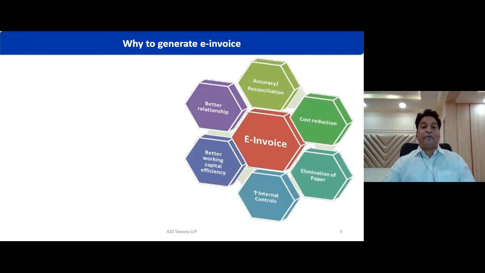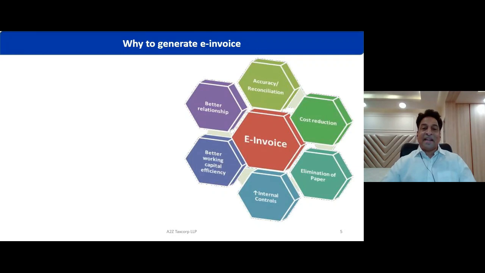Internal control: you can always put a control and MIS for generation of invoices and check your own transactions, whether the invoice is generated as per the law, like under section 31 of the CGST Act, which prescribes the time for raising of an invoice. Better working capital efficiency: once it is paperless, automated, and accuracy comes in, it is going to provide better working capital efficiency and a better relationship with the tax department and your buyers of goods and services.